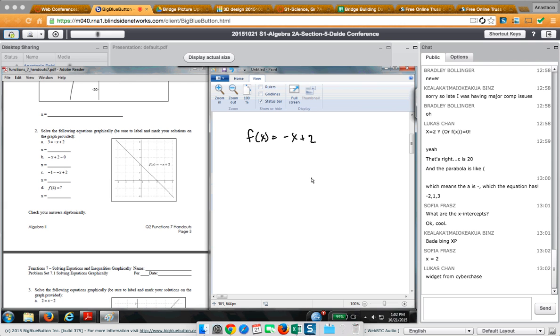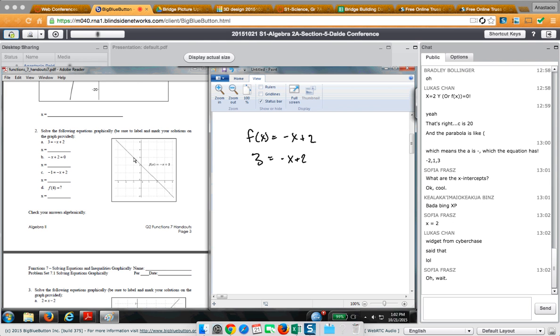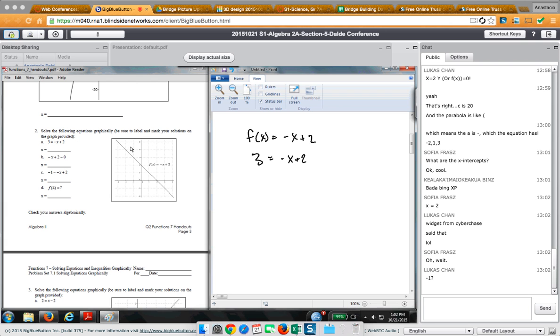All right. So what they're saying is, when does f of x equal 3? So when does this graph cross positive 3? It would be that point right there. Well, what x value is that? What x value gives you a y value of 3? -1.